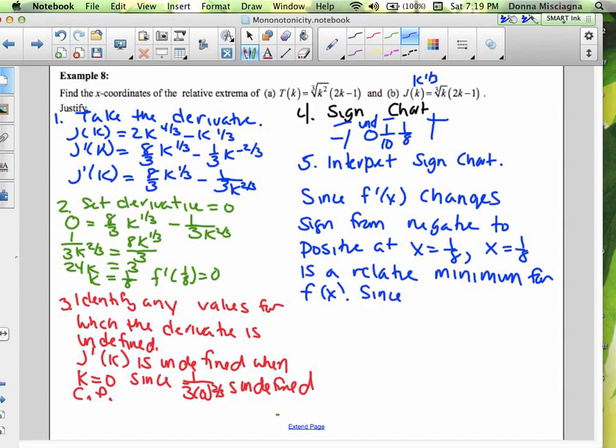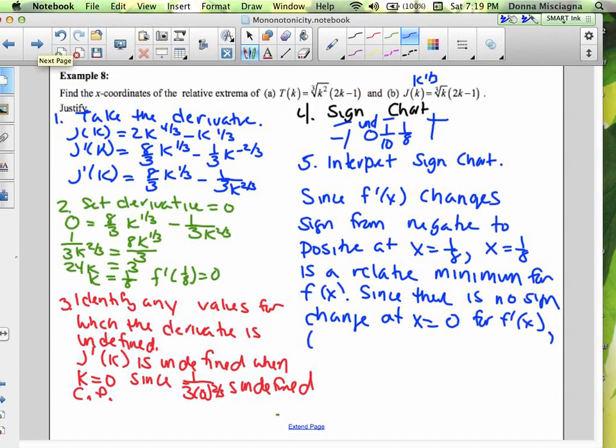Since there is no sign change at x equals 0 for f prime of x, x equals 0 is neither a relative max or min for f of x. There, we're done with that.